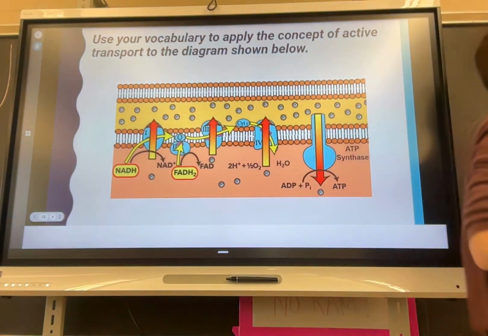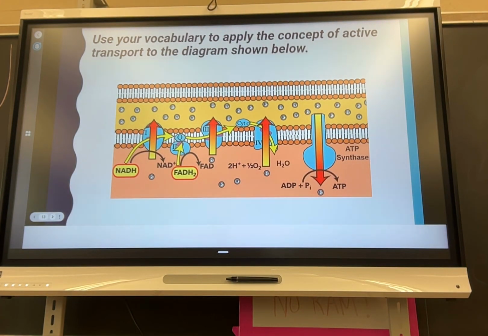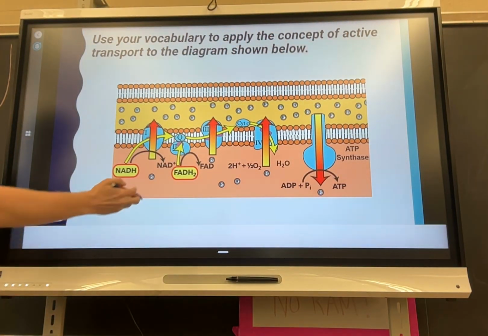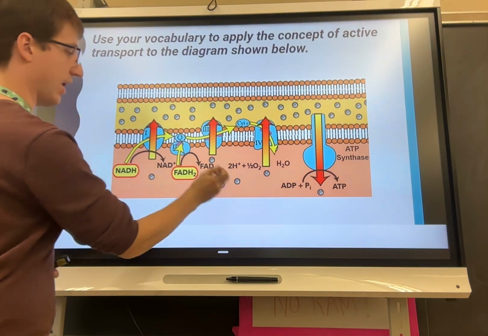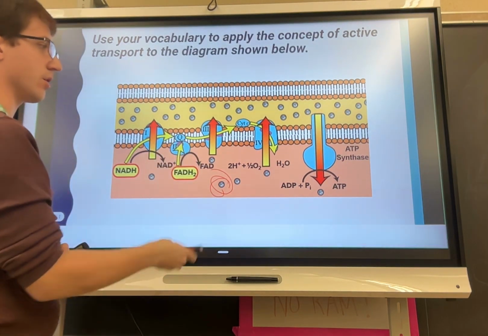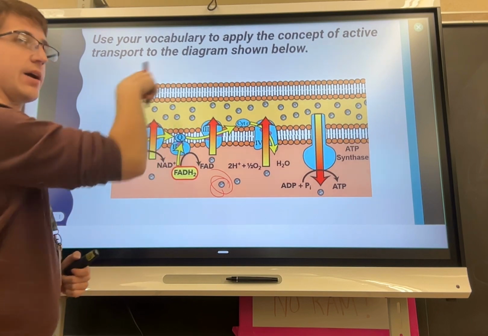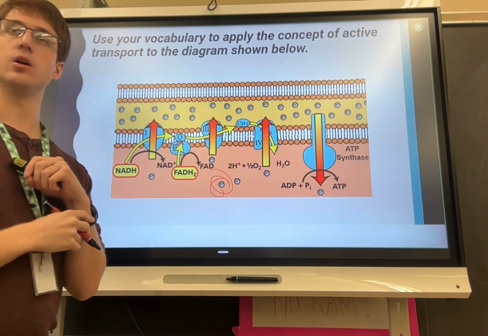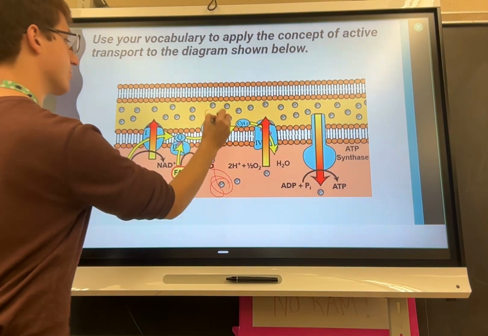Kayla, what's happening in the video or in the picture? How can you tell? Okay, so they're going through the proteins. Are they going towards high concentration or low concentration? They're going towards high concentration, yes.